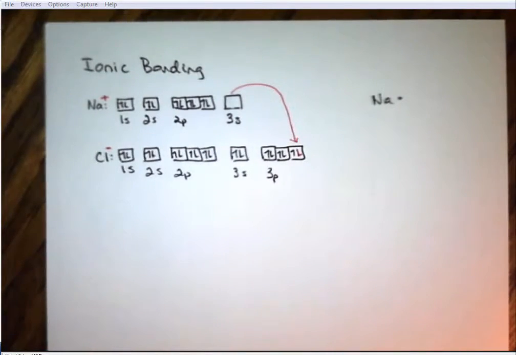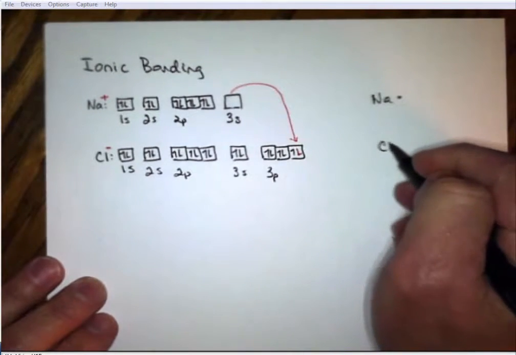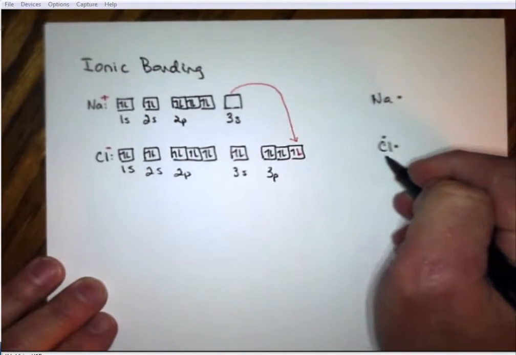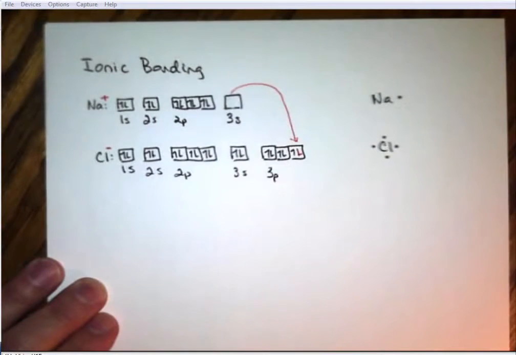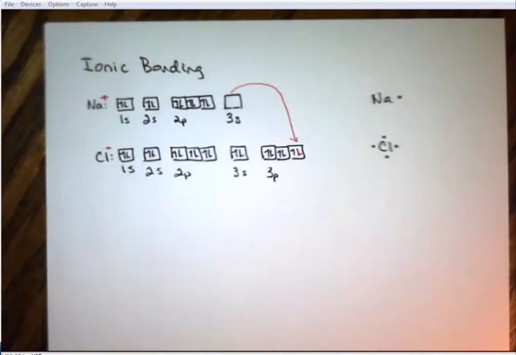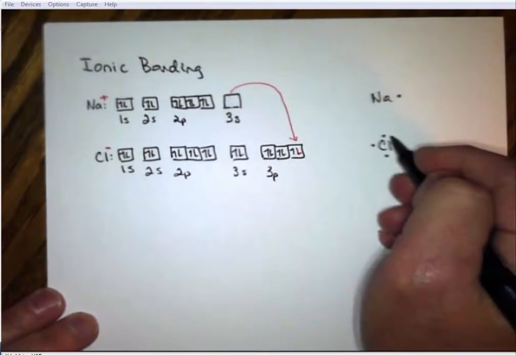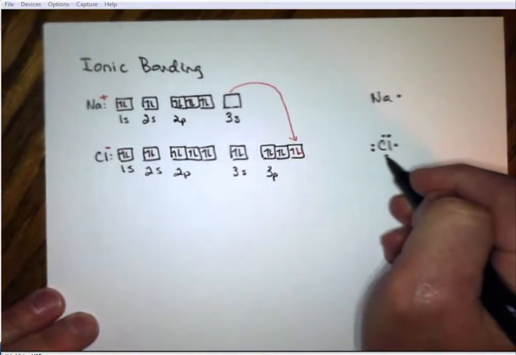How many electrons did a chlorine atom have in its valence level? 7. So how many dots do I put around a chlorine symbol for an electron dot formula? 7. So let's do that. One on each of the four sides, and come back and pair up on any of the other three sides until you get 7. I'm going to put them here, here, and here.